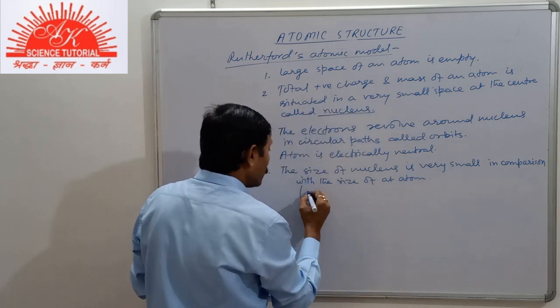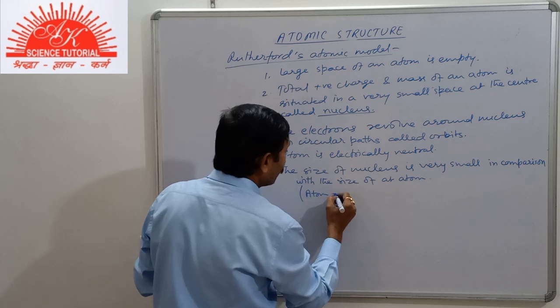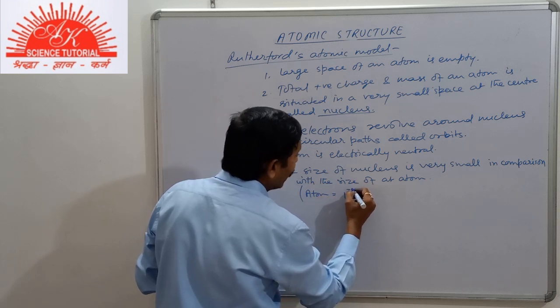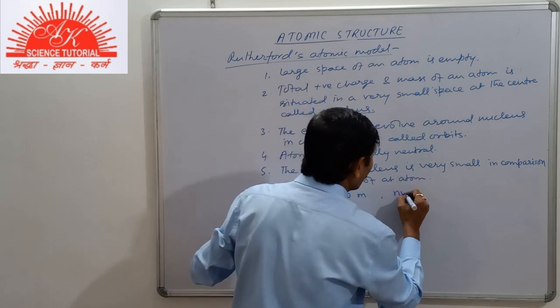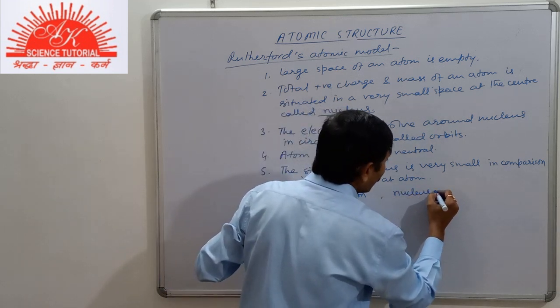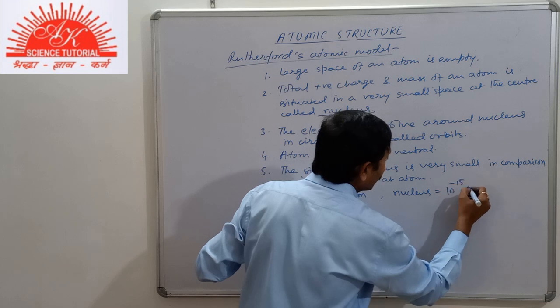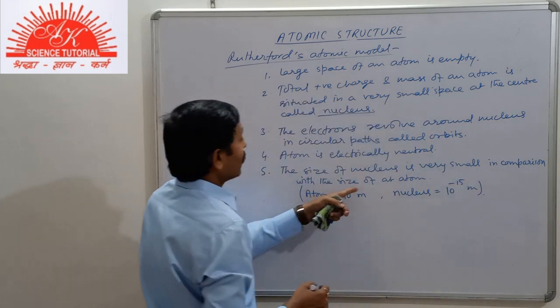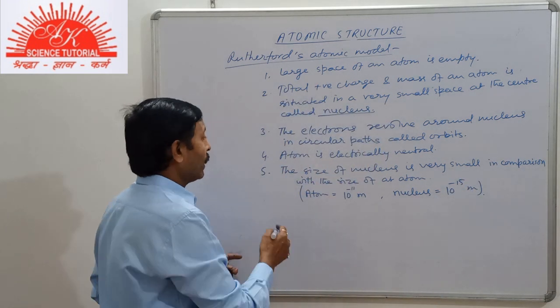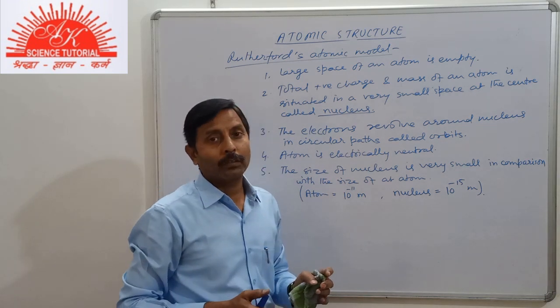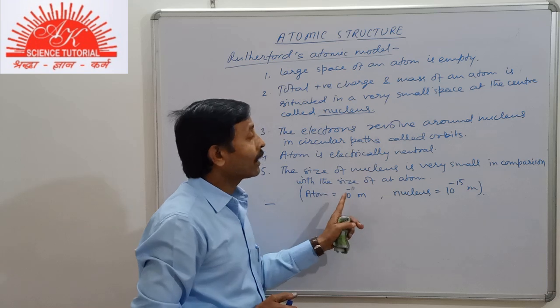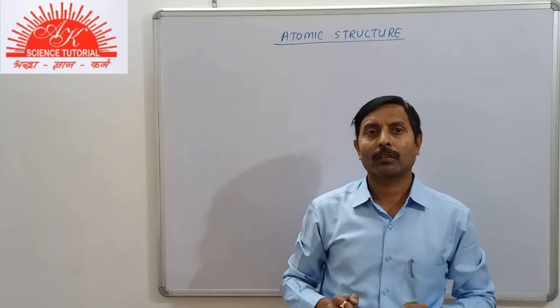Suppose we write the size of an atom is in the order of 10 to the power minus 11 meter, and the size of the nucleus is in the order of 10 to the power minus 15 meter. So this is a comparative study. Students, this was about Rutherford's atomic model. Now I think it is clear to you.